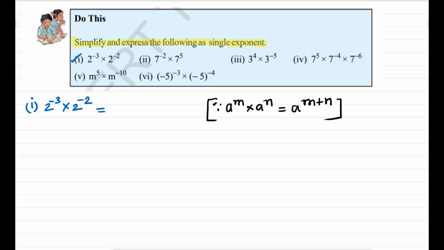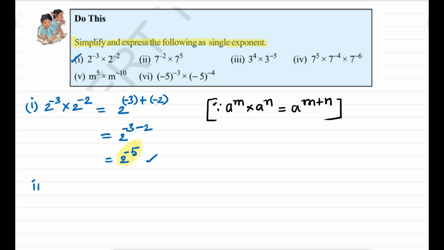This can be written as 2 to the power of negative 3 plus negative 2, that is equals to 2 to the power of minus 3 minus 2. Plus of minus is minus. That can be written as 2 to the power of minus 5. So we are done with the answer. The answer is simplified and written as a single exponent.